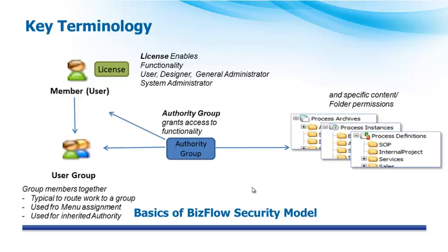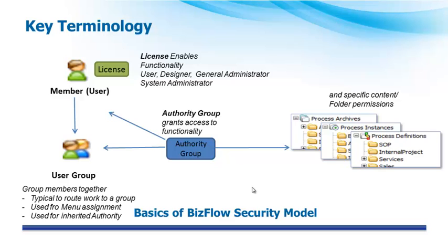Now, in order to control, however, various access, be that to functionality or content in BizFlow, we use 2 other types of characteristics that a member profile will have. A member will belong to 1 or more user groups, and user groups are used to route work. So you could be a member of the finance group, and maybe we're routing work to the AP finance group for various invoice approvals.